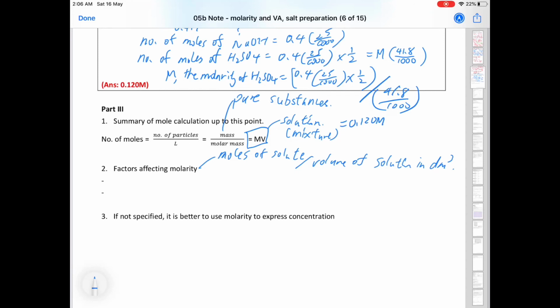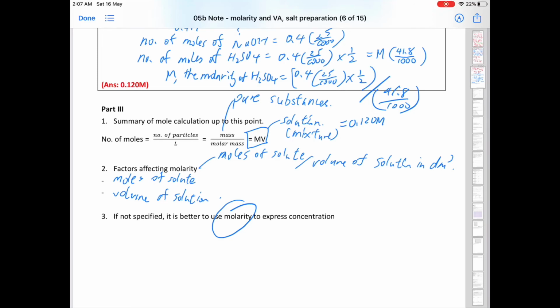And that's it. Just think of the equation, then you can draw this conclusion already. And finally, if it is not specified, then in chemistry we usually use molarity. This is because we can compare the number of substance in a certain volume of solution more easily.